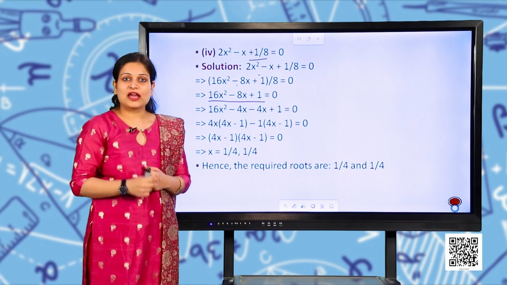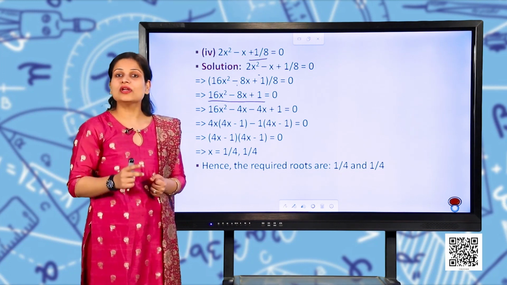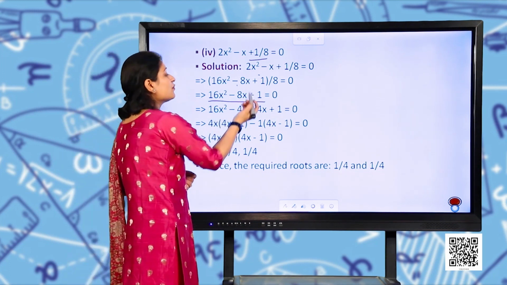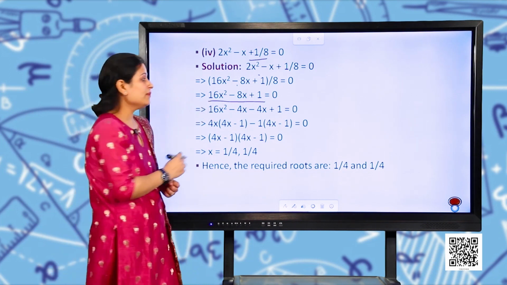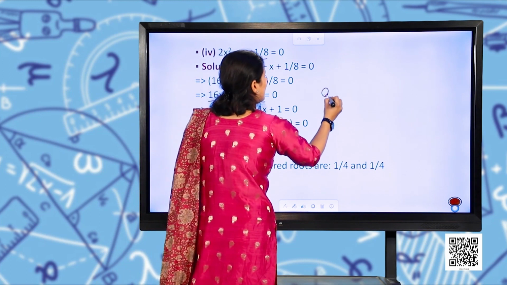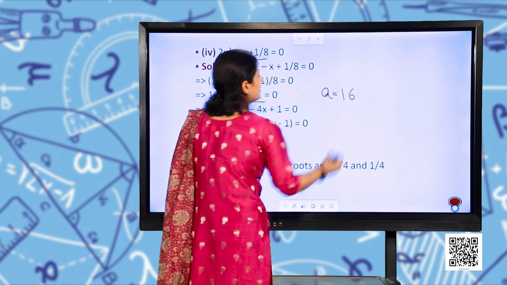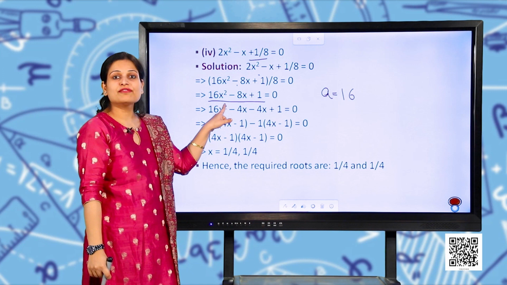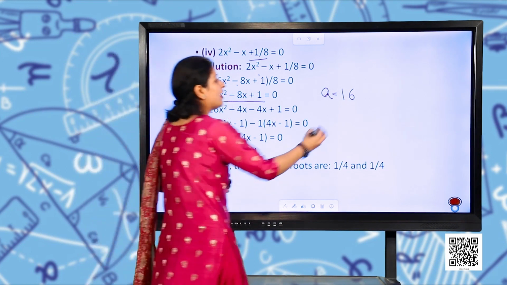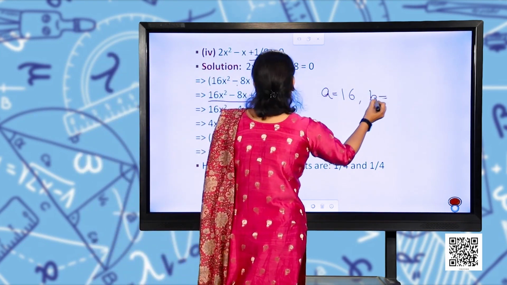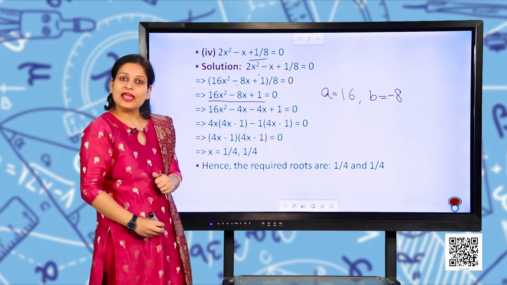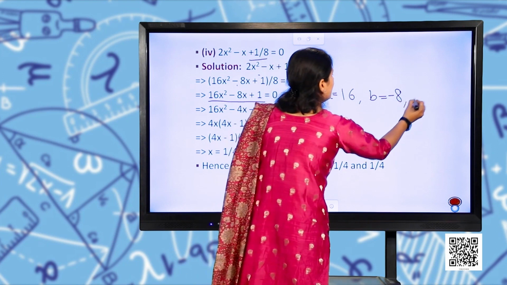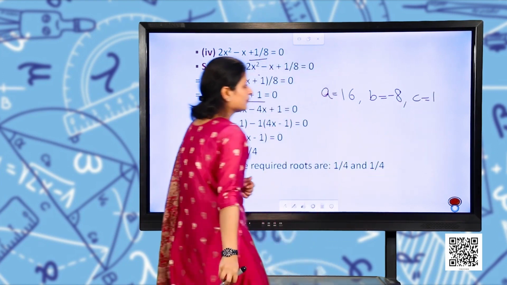Now, we need to satisfy two conditions. We need two numbers such that their product is what? Here, one thing you should remember: the value of a is 16, which is the coefficient of x square. Here the value of b is minus 8, which is the coefficient of x, and c here is 1.